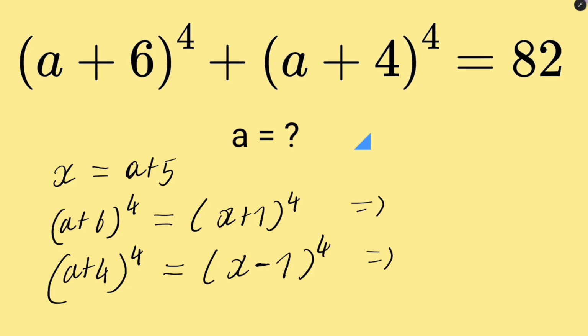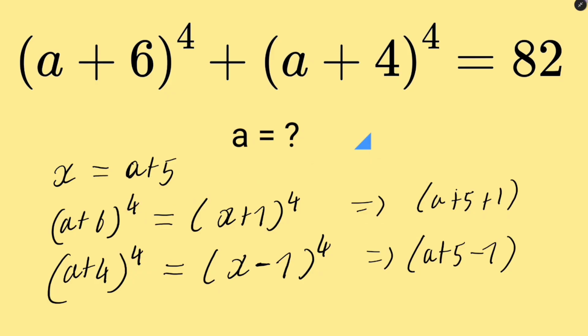As you can remember, x is a + 5. If you come here, x is a + 5 plus 1, it gives us back the very equation, and where x is equal to a + 5 minus 1 will bring us back to this equation.